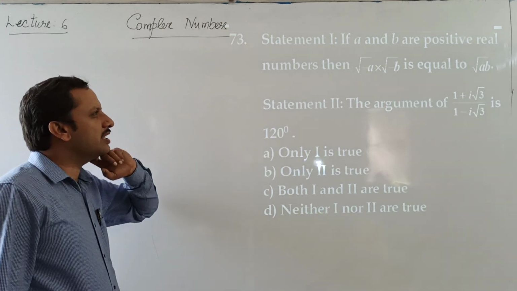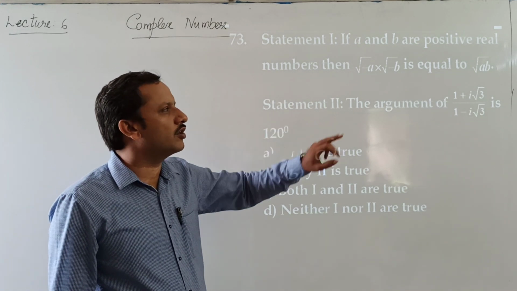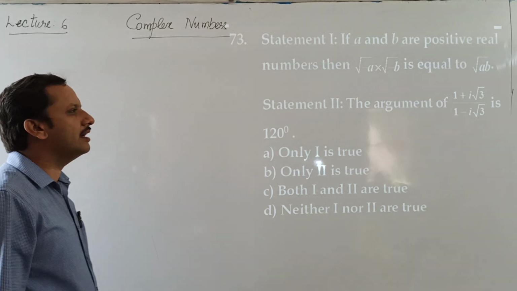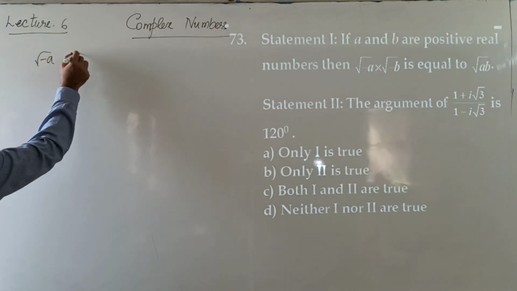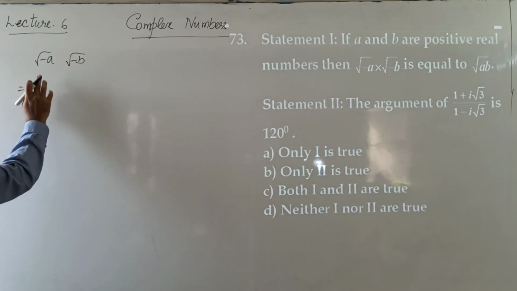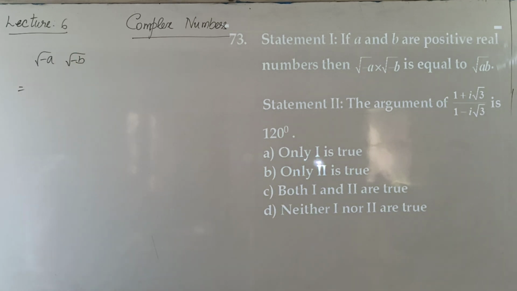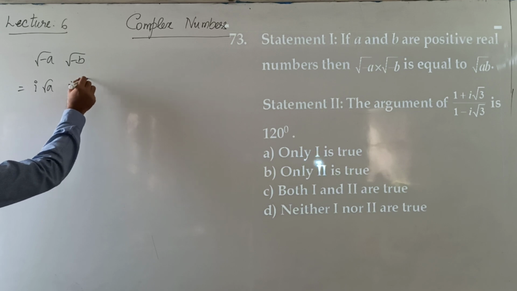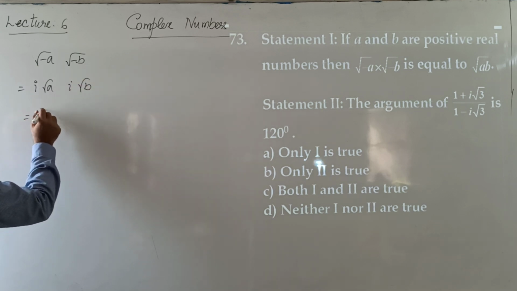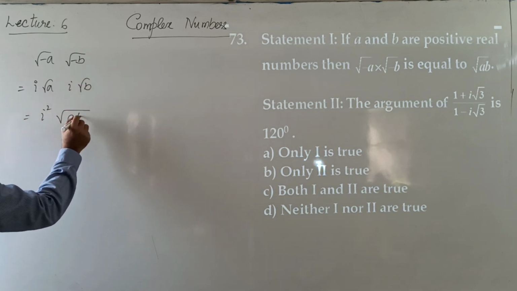A and B are positive numbers, then root of minus A into root of minus B is equal to root AB. Let us check. Root of minus A can be written as root of minus 1 into root A. Root of minus 1 is i, so i into root A. Similarly, this will be i into root B. So you will get i square into root AB.